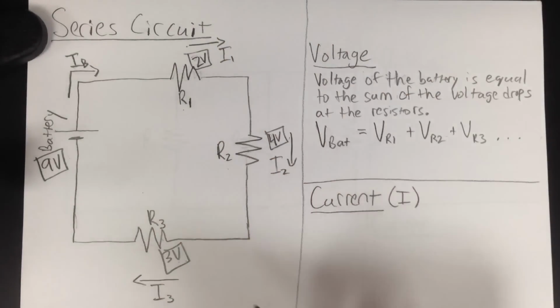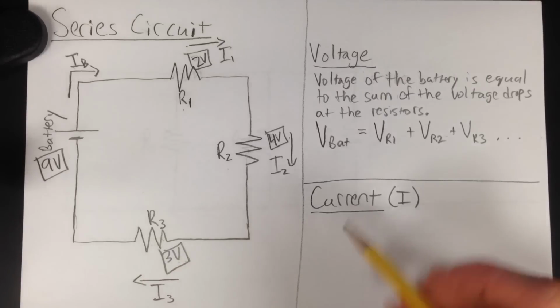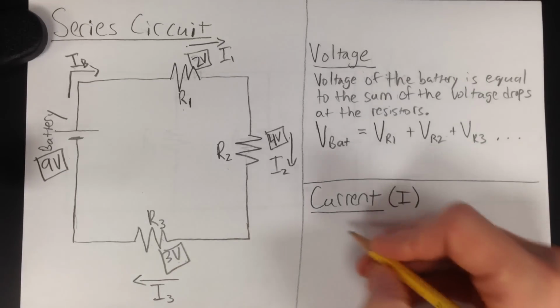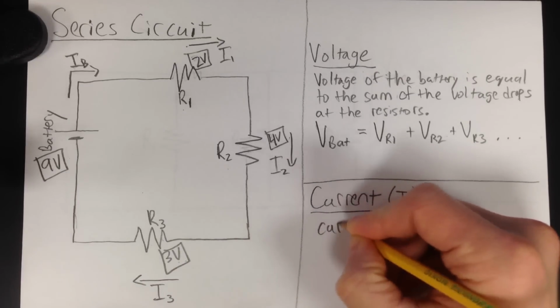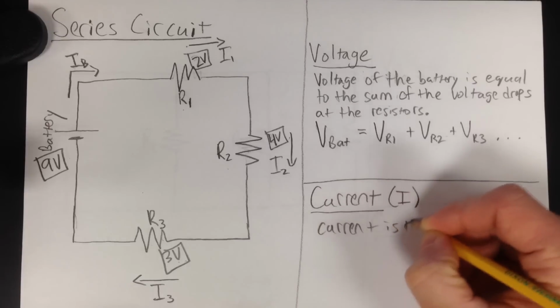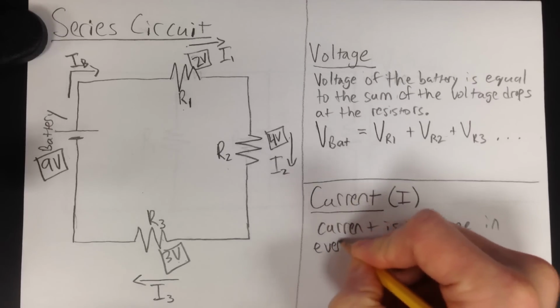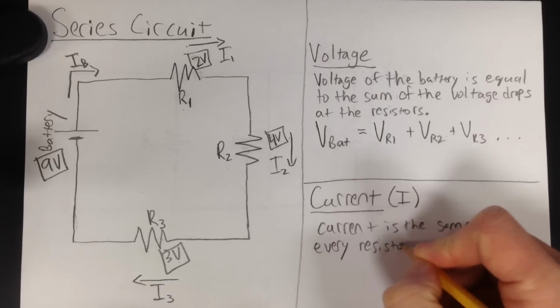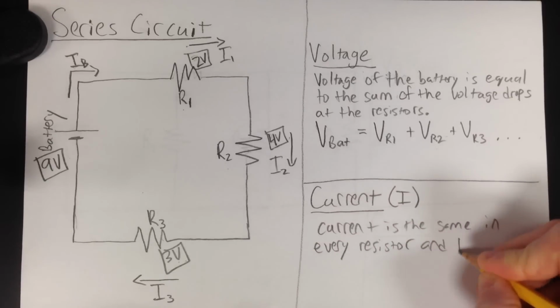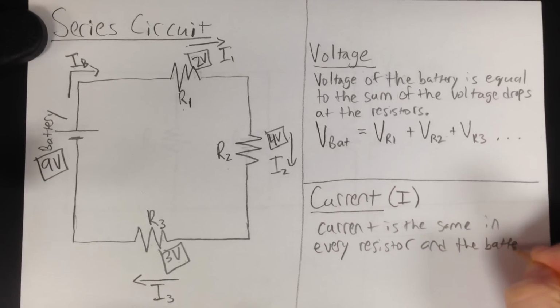They're all the same, all of the currents in a series circuit, because there's only one loop, right? So current is the same in every resistor and the battery.